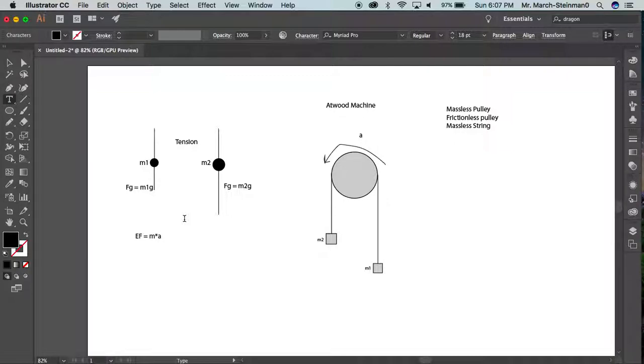Well, we can specify this to the situation at hand. We can say that the sum of the forces on M1 is equal to M1 times A, but we also know that that's equal to the tension going up subtracted by the force of gravity going down.